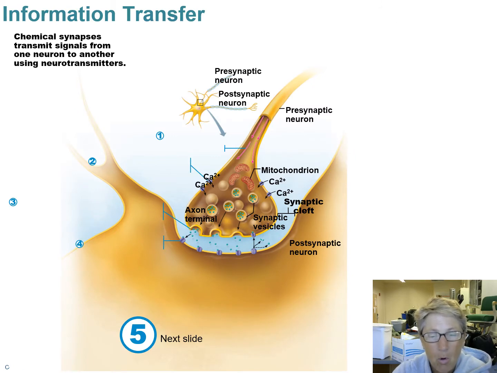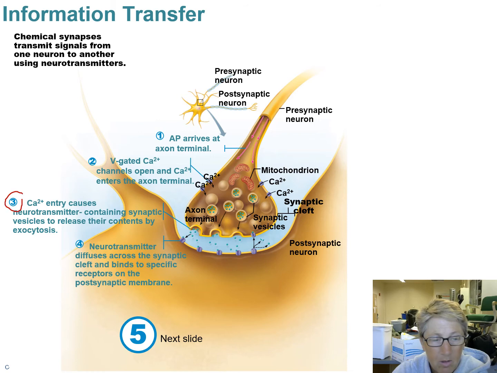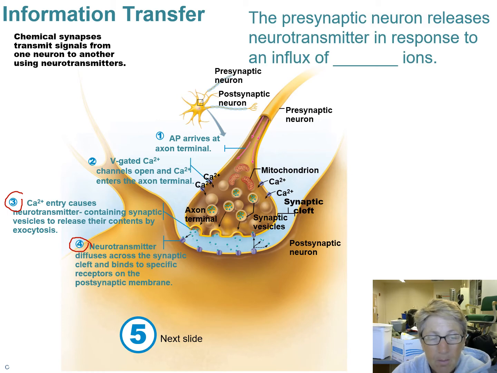And this is just a more detailed cartoon of what we just talked about. So it tells you what I just said. The action potential comes down the axon terminal, voltage-gated calcium channels open, neurotransmitter is released by exocytosis, neurotransmitter diffuses across the synaptic cleft and binds to receptors on the postsynaptic membrane.